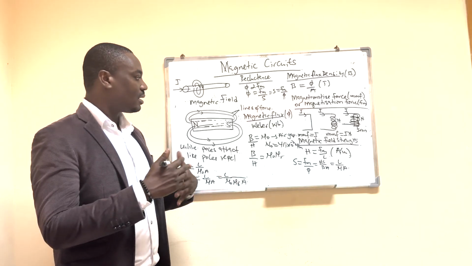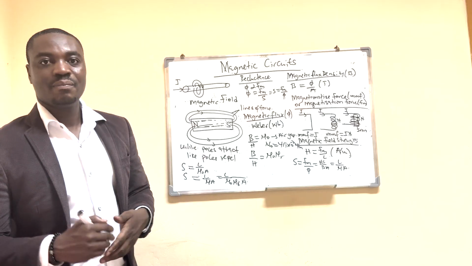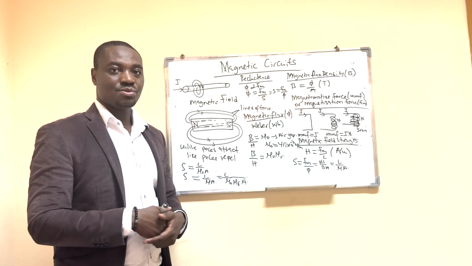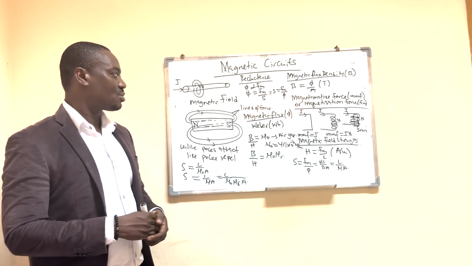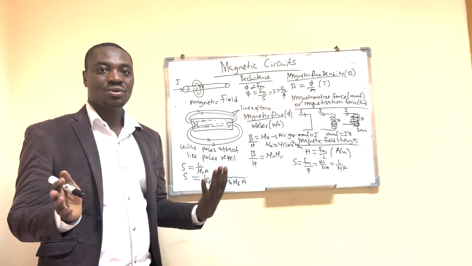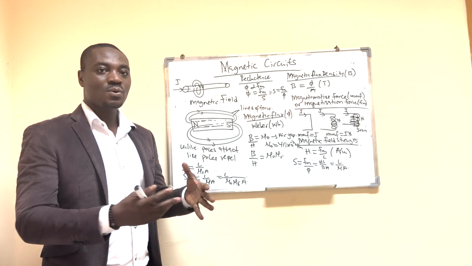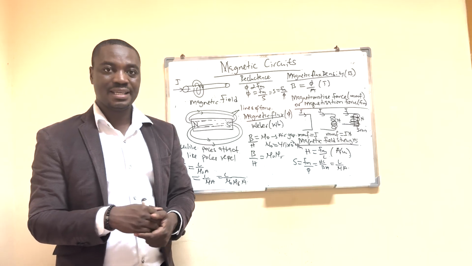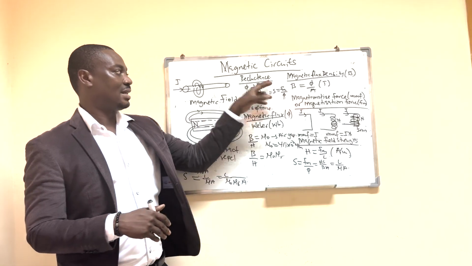Now that we know how to calculate the permeability, especially the absolute permeability of any material that we may have, we can also talk about the reluctance of such materials, right? Any material at all is going to oppose the establishment of magnetic field on the material. That is what we refer to as reluctance.